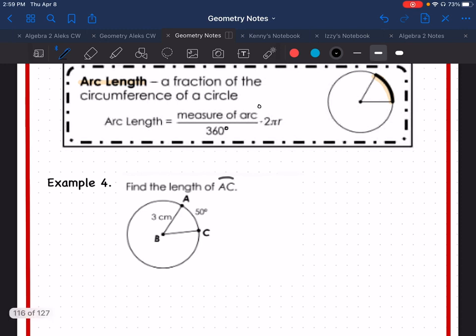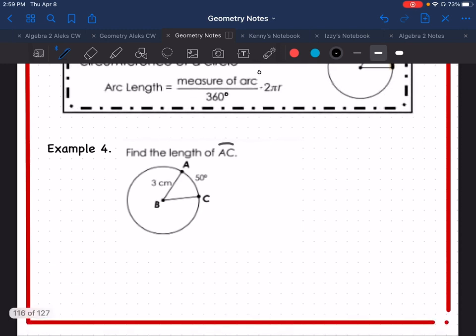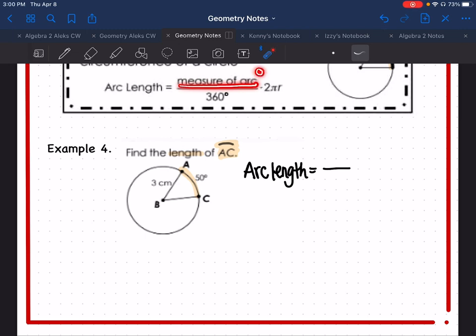All right, let's go ahead and do our example right here. Find the length of arc AC. So I'm going to grab my highlighter. They want to know the length of this. Okay, and this is my arc length. Notice they are talking about length. So I'm going to use the formula from above, and I'm going to say arc length equals. Now remember, the measure of the arc needs to be in degrees.